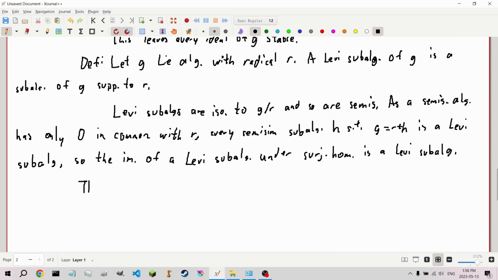So we have our theorem, which is of course going to be the Levi-Malcev theorem.